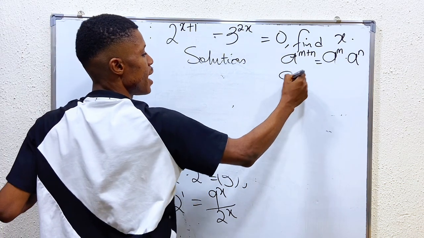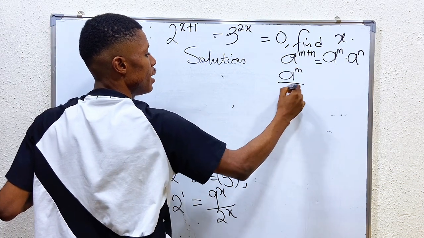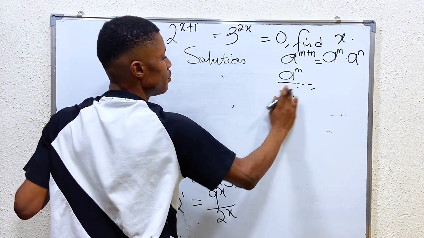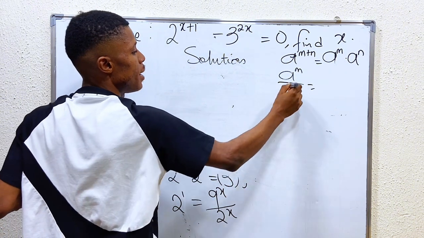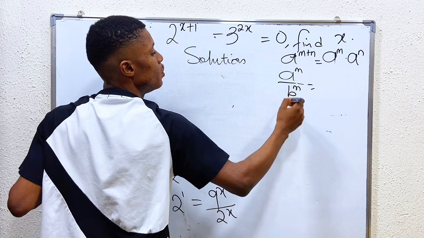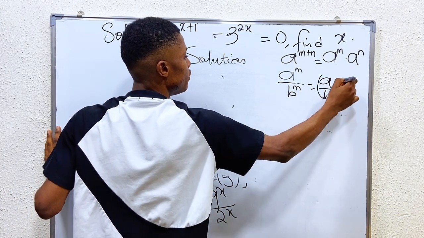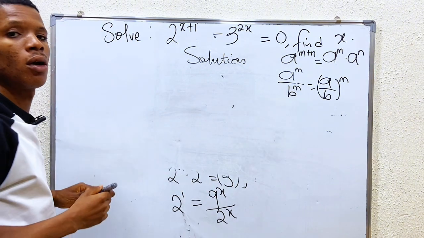We have that a to the power of n divided by b to the power of n, we can write it as a over b to the power of n, since the powers are common.